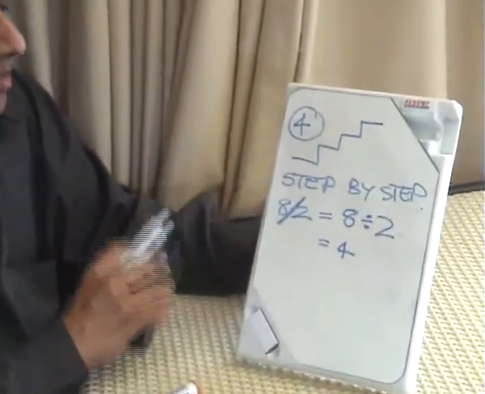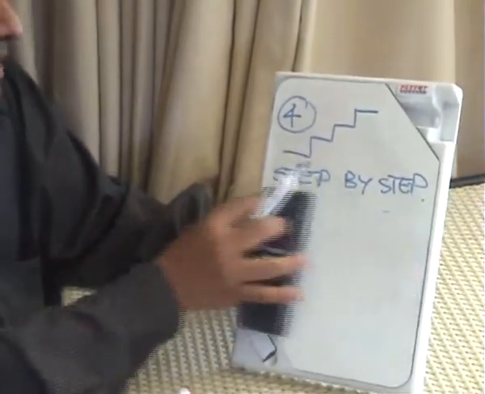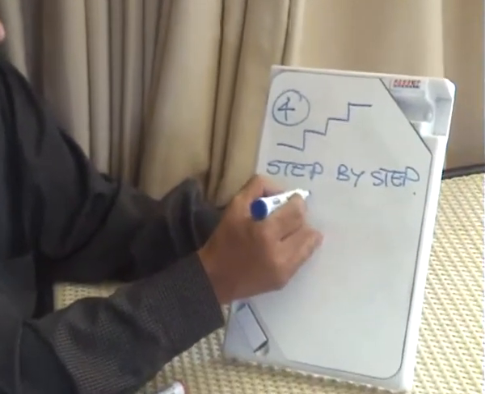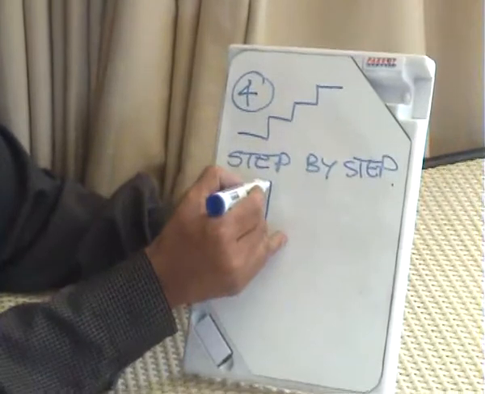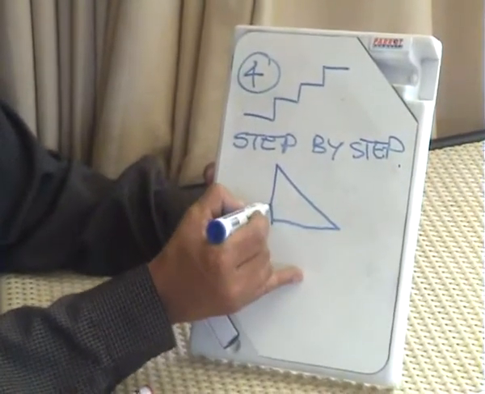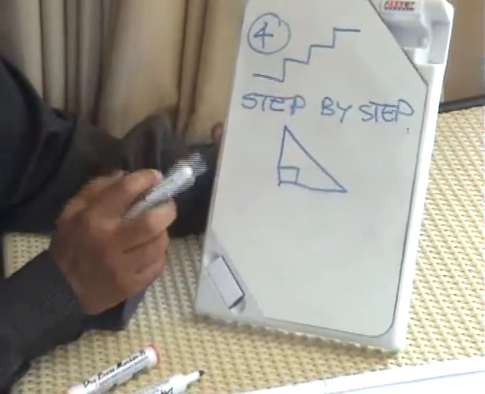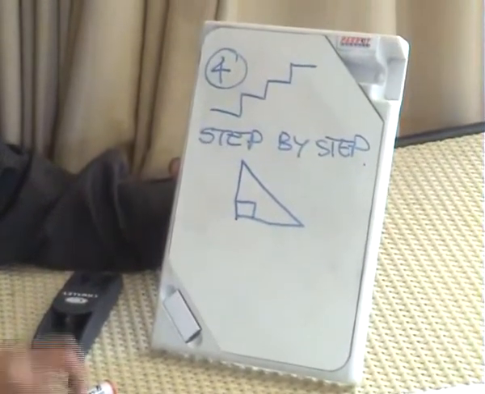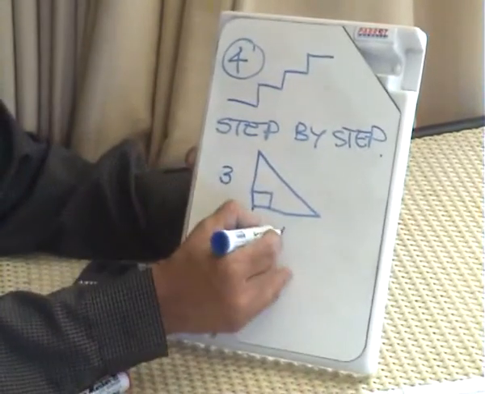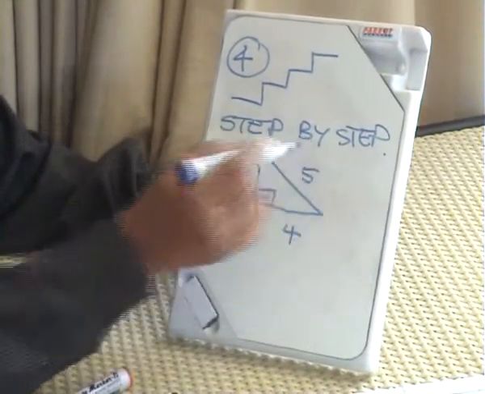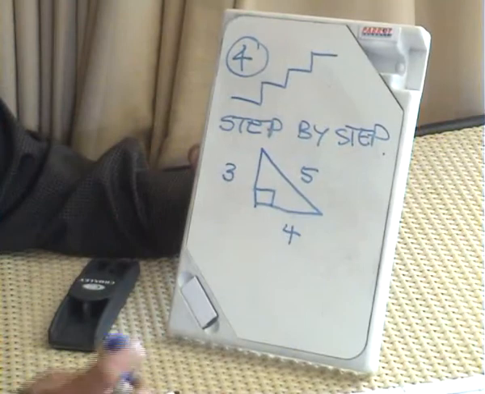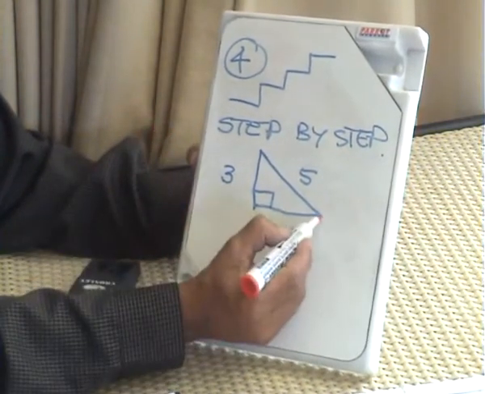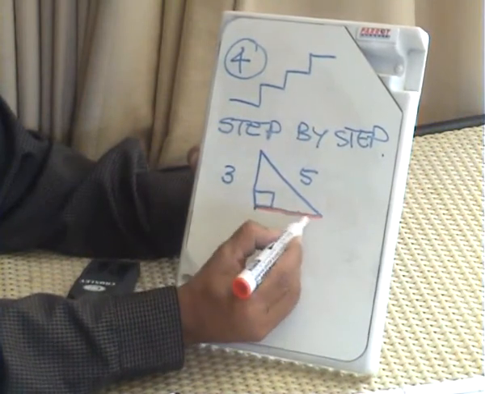Of course, we can make the example a little more complicated. If I was told, find the area of this triangle, and if I try to do this example step by step, then there are a number of steps involved here. Firstly, step 1, I'll have to identify the base.